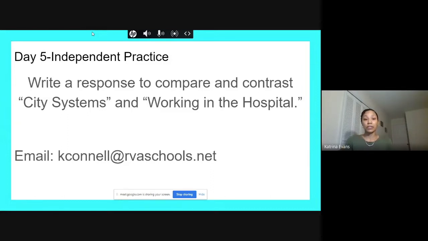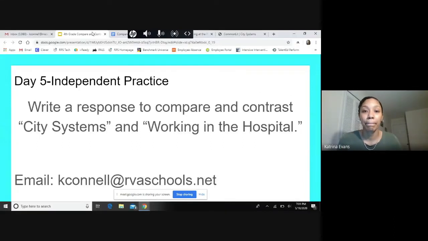My email address is kconnell@rvaschools.net, or you can share your response with someone in your home. When you're writing your response, please make sure you have an introduction. Make sure you write how these two stories are similar, write how these two stories are different, and then conclude your response. Have a conclusion.